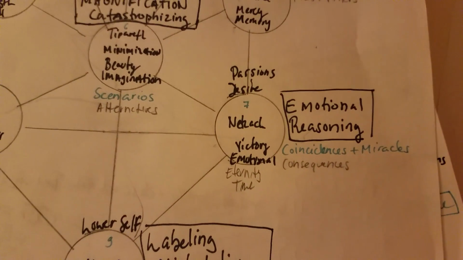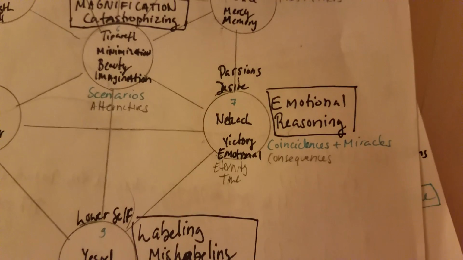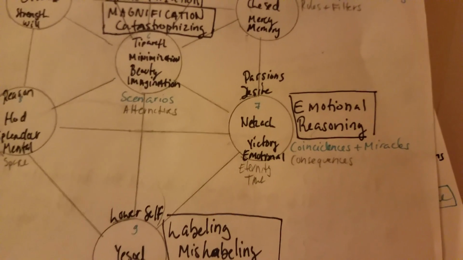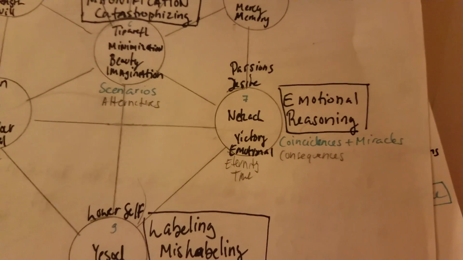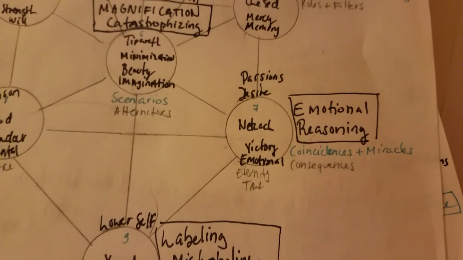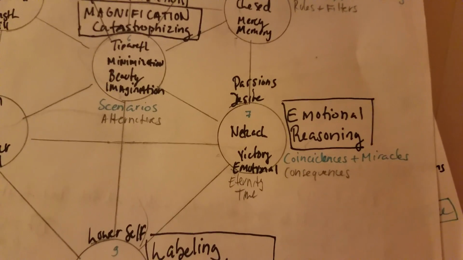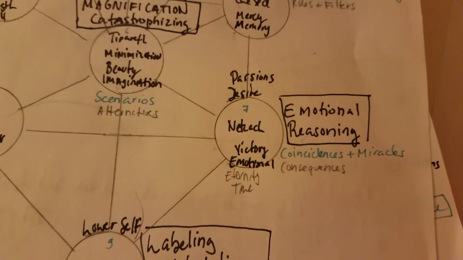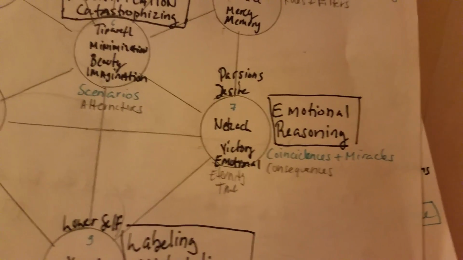And a lot of times we tend to write things off as a miracle when it's really just a coincidence. But our emotions tend to sway us and maybe have us see things in a more romantic way, or sometimes we tend to have a magical perspective when really it's just plain old common sense, right?